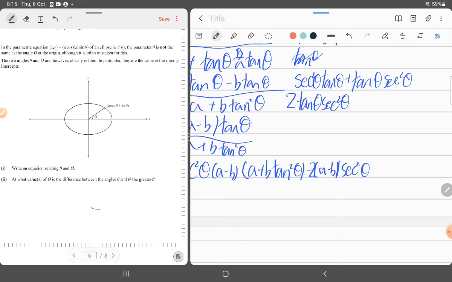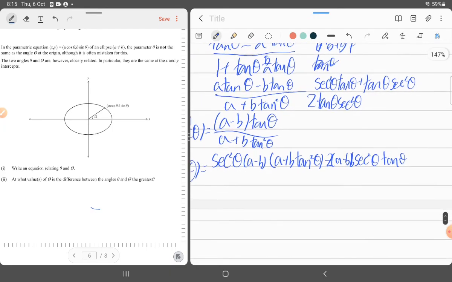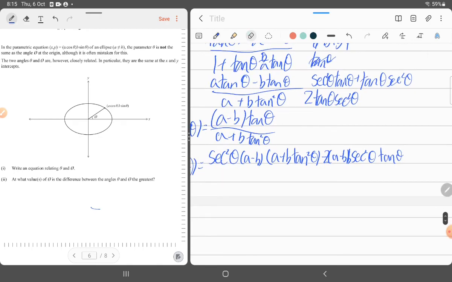Oh wait, there's a b here as well, tan theta. Oh wait, let me just rewrite this. So minus b tan theta times the derivative of that, which was 2b tan, which is b.